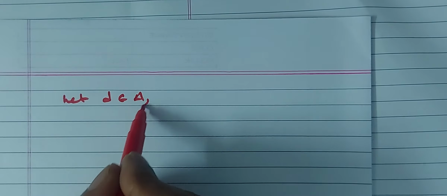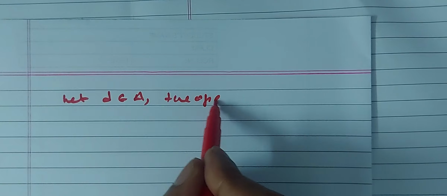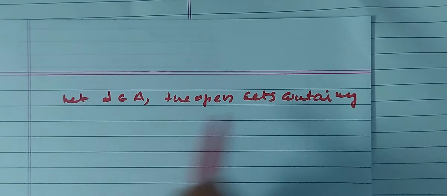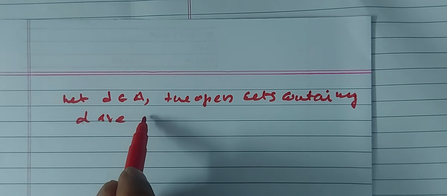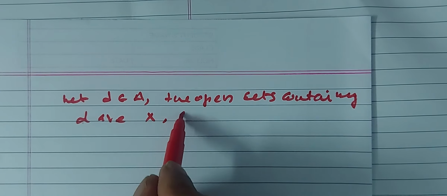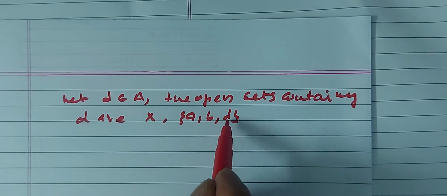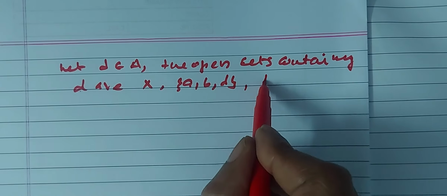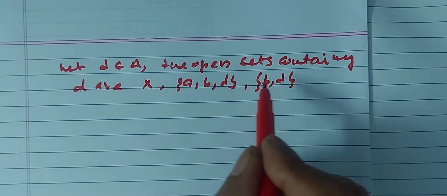Let D belong to A, because A, C, D elements are there. Let D belong to A. The open sets containing D are X, the set {A, B, D}. Also one more set is there, {B, D}, also an open set.